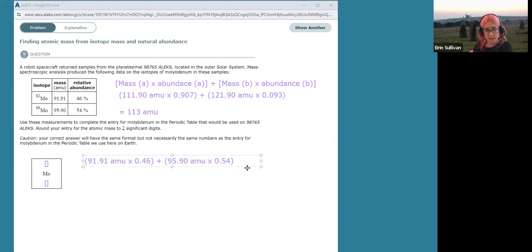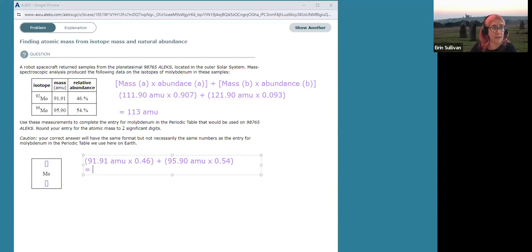So my answer is going to come out in AMUs. I've been asked to give it to 2 significant digits, which tracks because my relative abundance is only given to 2 significant digits. So 0.46 plus 95.9 times 0.54.